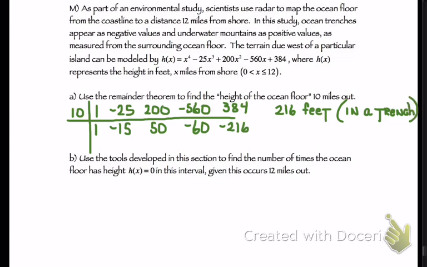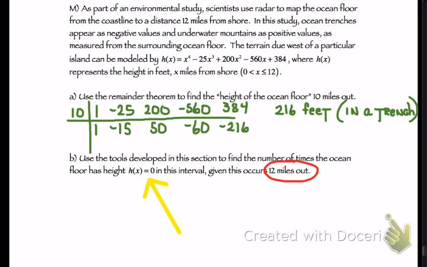So how can I figure that out? Well, I know it occurs 12 miles out. So here's my hint. I know that at 12 miles out, it should be equal to 0, so that means this should be a 0 of my function.